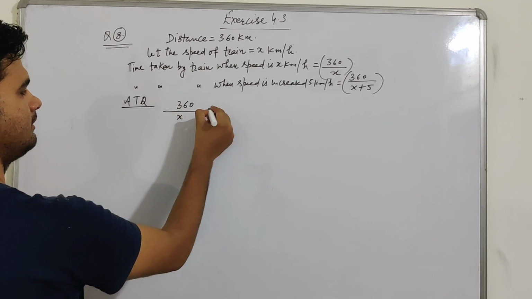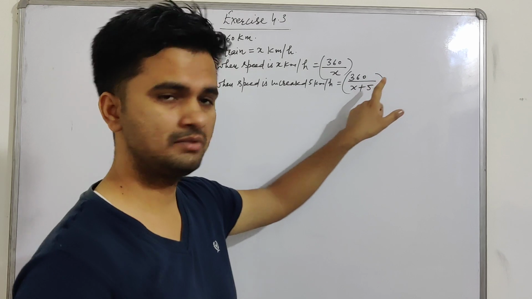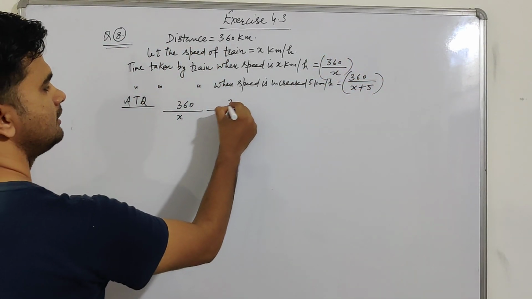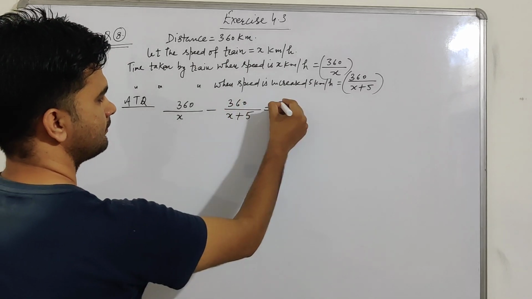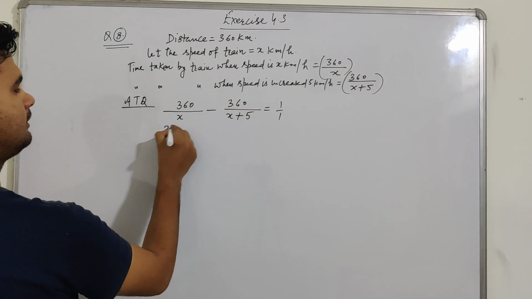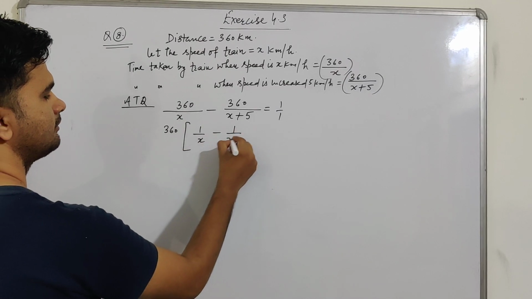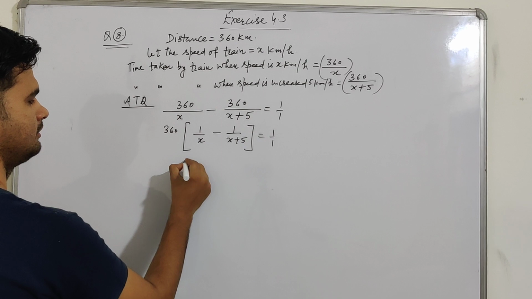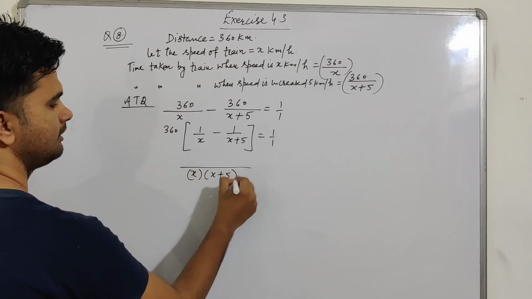360 upon x, if the speed is increased this time is lesser as compared to 360 upon x, so their difference is equal to 1. Now take 360 outside. Now we have 1 over x minus 1 over x plus 5. LCM is x plus 5.